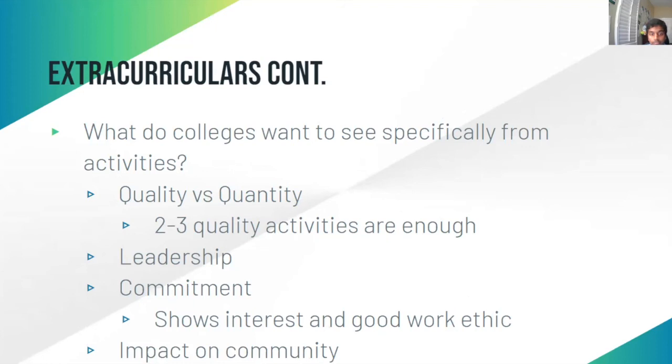On top of that, being part of the leadership team, like president or vice president, will boost your application even more because it shows you're committed to the club and playing an important role in it. Along with leadership showing commitment, being in the club throughout your high school career also shows universities that you're interested in that club and subject and that you have good work ethic.